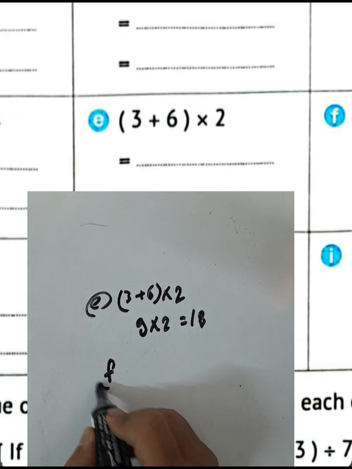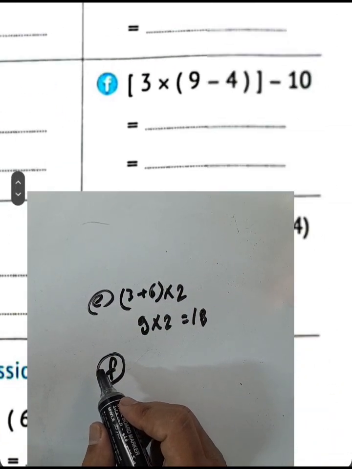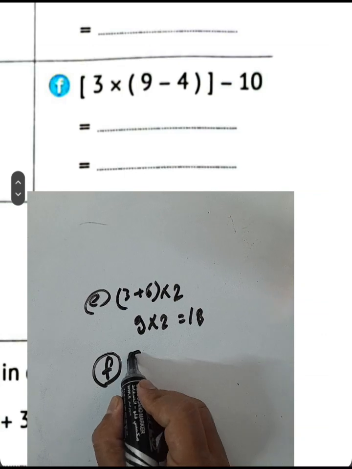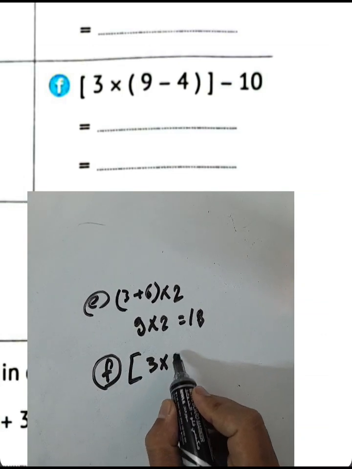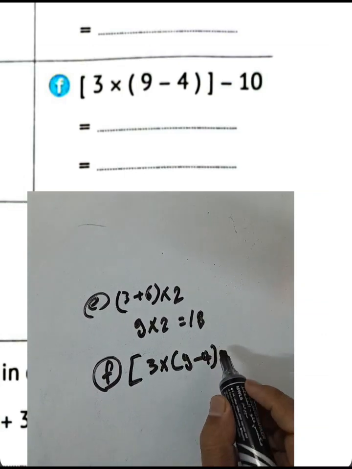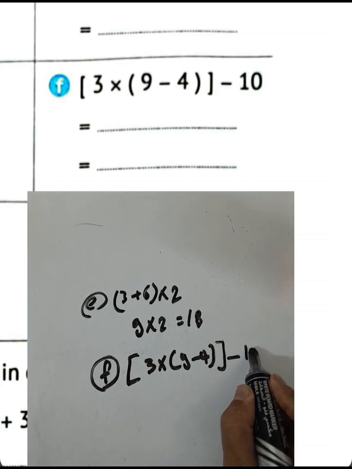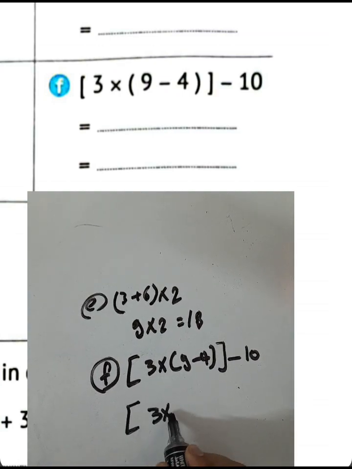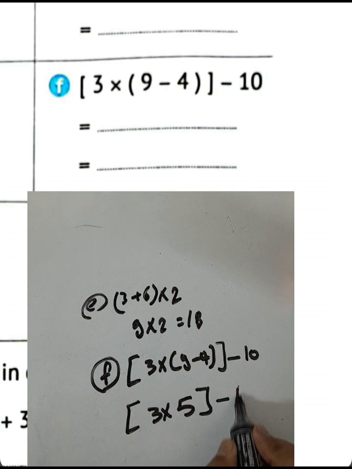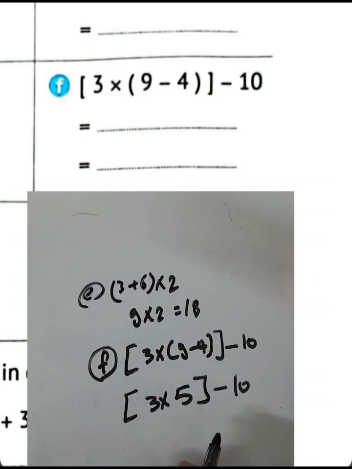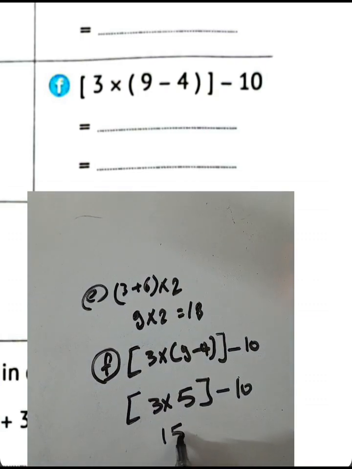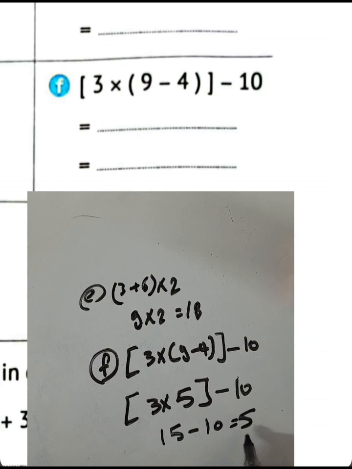Question letter F, 3 times 9 minus 4 minus 10. 9 minus 4 equals 5. First, parentheses first, and multiplication, 3 times 5 is 15. 15 minus 10 equals 5.